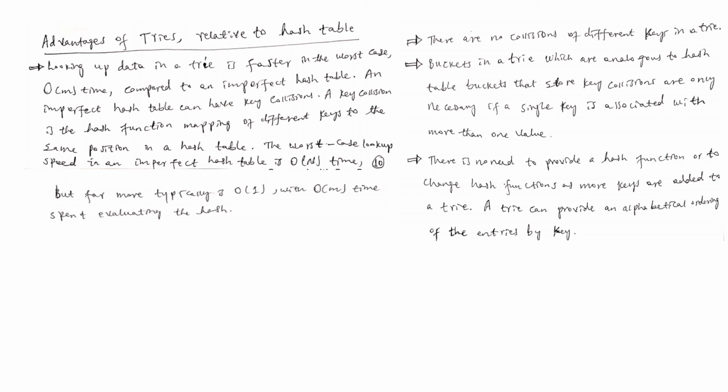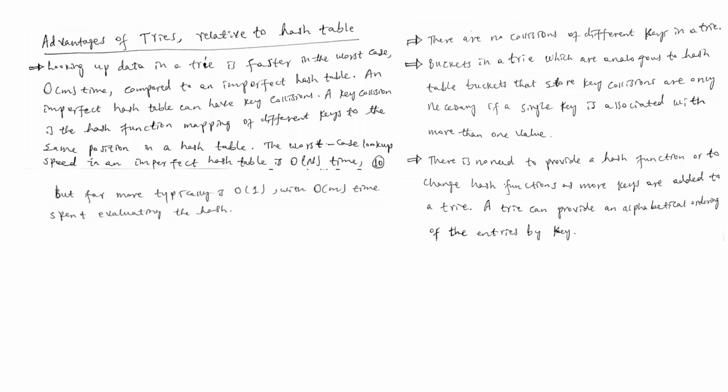There are many advantages of trees that I told you before in a series of slides. I summarized the advantages we have seen in the entire slides here, and there is no collision.